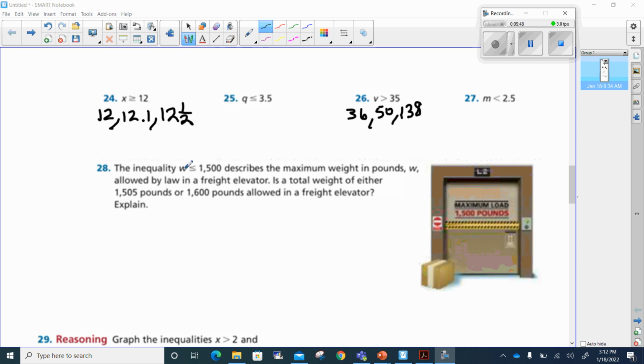Well, it says the weight must be less than or equal to 1,500. So you tell me, if you were in an elevator and you knew the weight limit was 1,500 and it couldn't be over that, and you saw that you were about to exceed your weight, whether it be by 5 pounds or by 100 pounds, would you want to get in there? That tells me no.